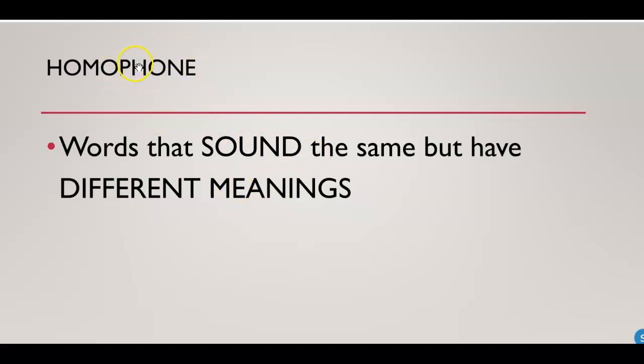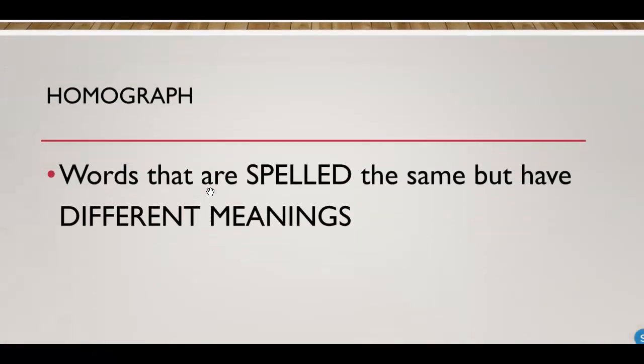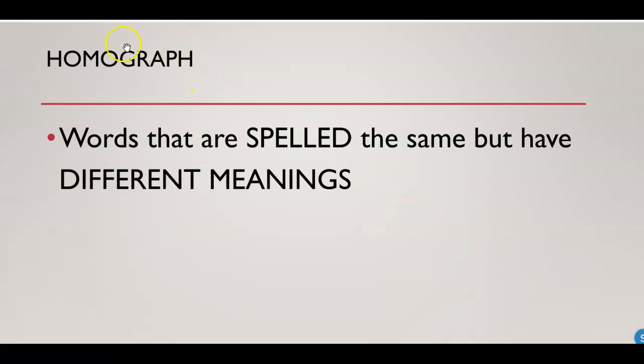Phone means sound, so when you hear them out loud, they sound exactly the same, but depending on how you use the word, it changes the meaning. Graph means to write, so a homograph refers to words that are spelled the same but have different meanings.